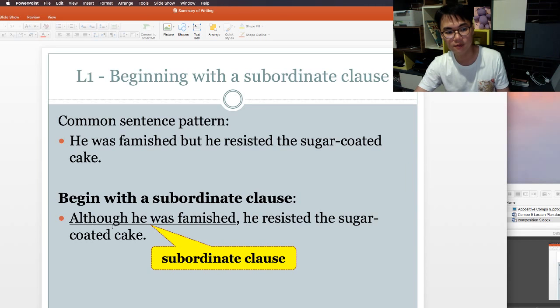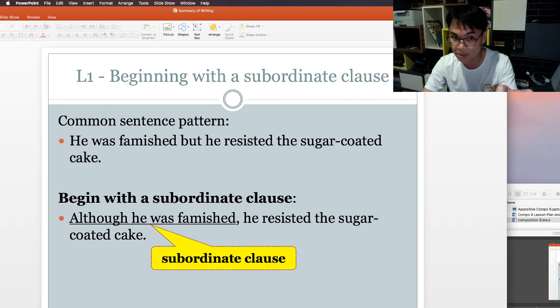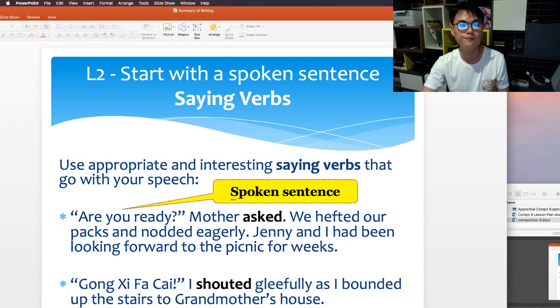You can see here, although appears in front instead of at the back. This is one way that we make our sentences more interesting when we're writing a composition. We move it around, we shift the order so that it looks different and more interesting. So that's the first lesson. We talked about subordinate clauses. I want you to remember this, subordinate clauses.